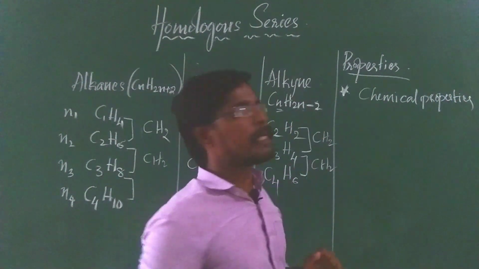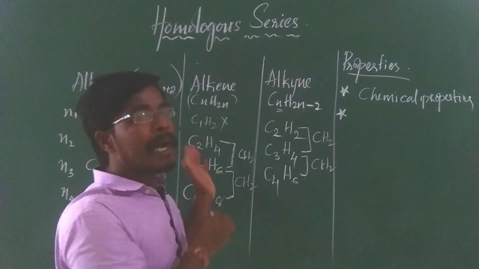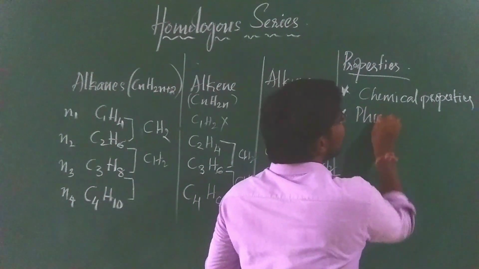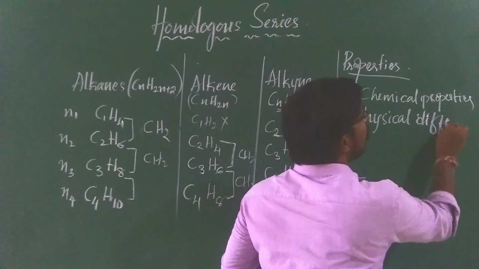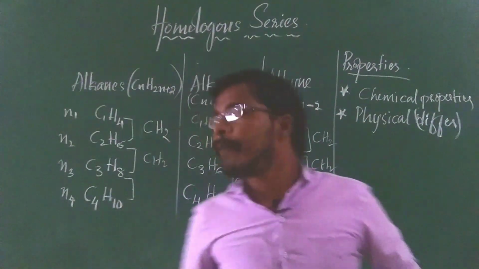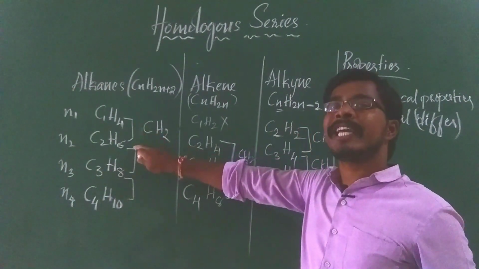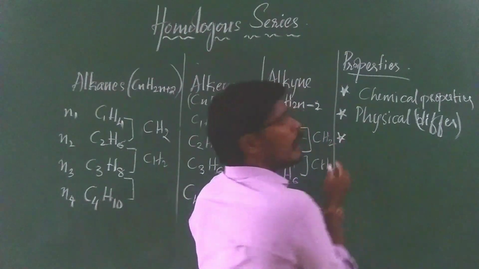And the second one, the succeeding members will show differing physical properties. Why? Because from the first member to the second member, there will be a change in the total weight. That I will go with the third property.